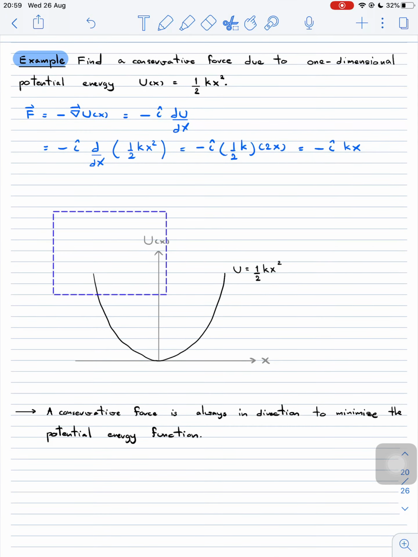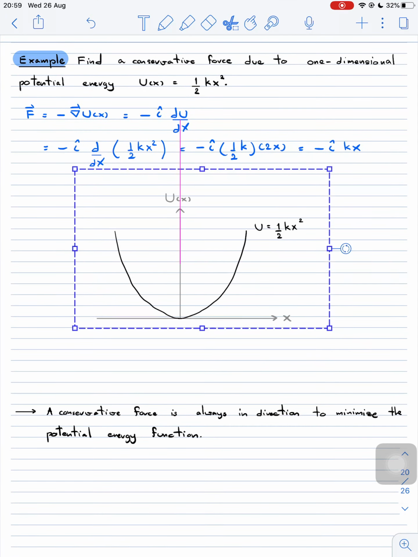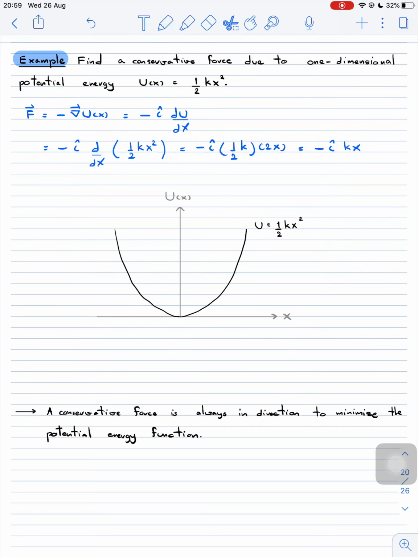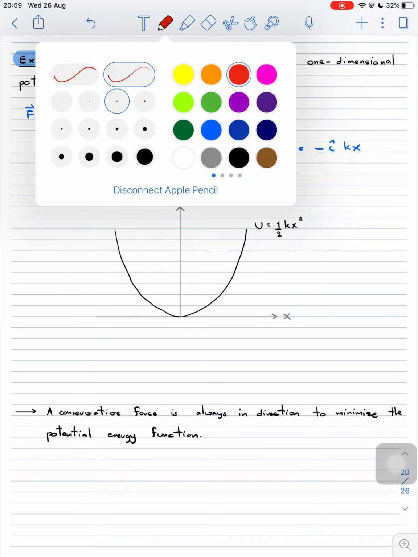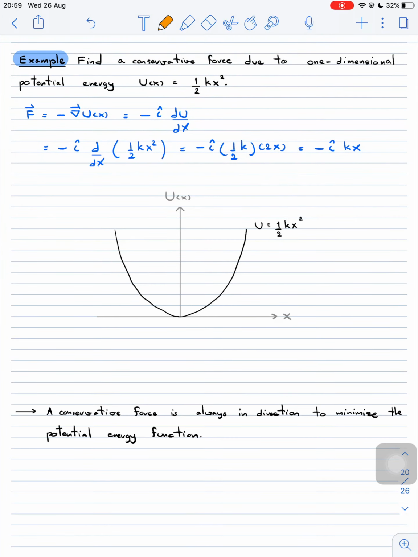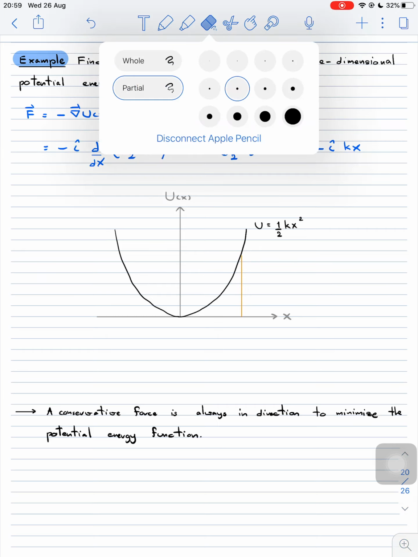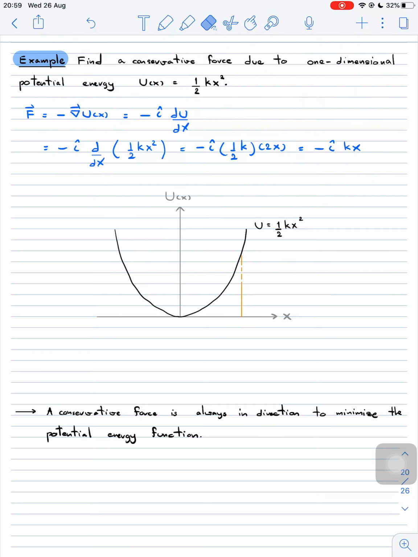Now let's consider this picture. I just made the plot of U, the elastic potential energy, as a function of x here. Let's say we consider the extension of the spring at this position.